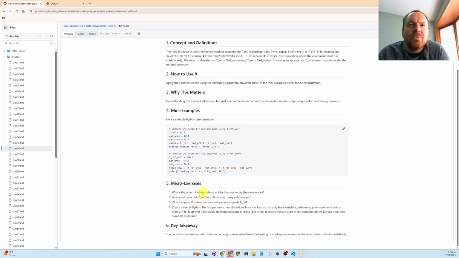Why is a ratio greater than 1 today when today is colder than yesterday? I don't believe I saw this ratio greater than 1.